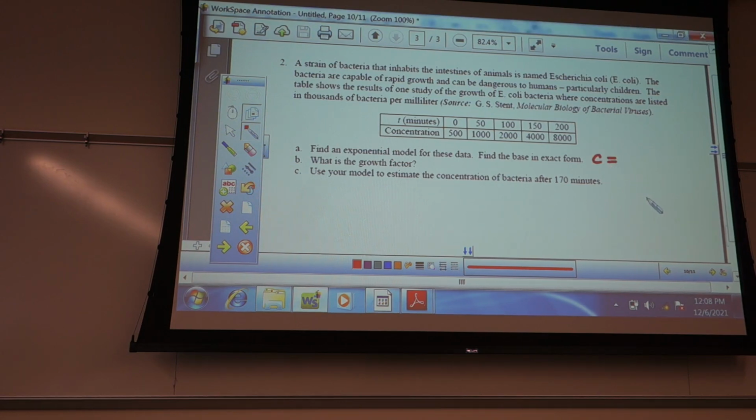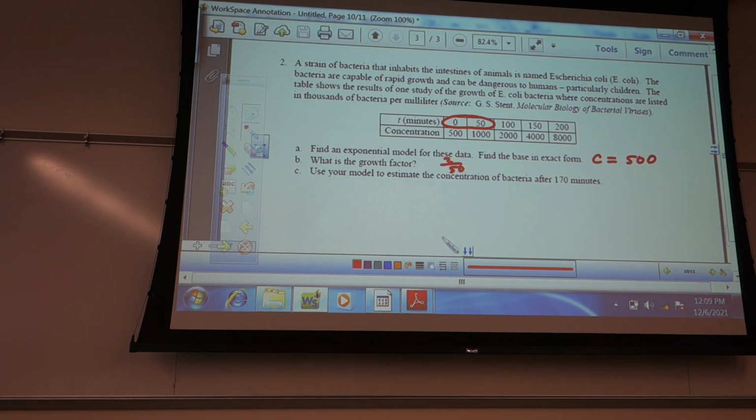Everyone find what my c is from the table. Shania, what's my c? 500. Okay. And then my growth factor is going to be 2. Well, it's sort of 2. It doubles while the x is going up by 50. So it's 2 over 50.